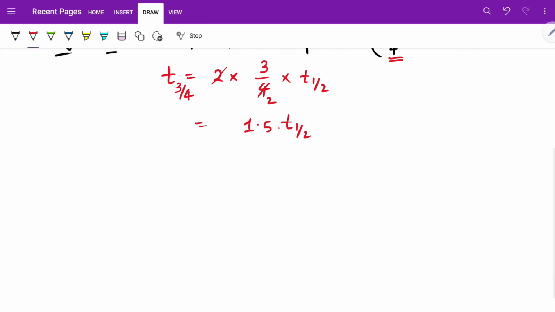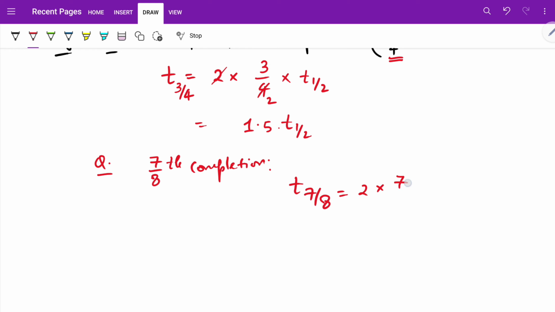Second example, suppose now this fraction is quite simple, but suppose you have to calculate time required for 7/8 completion. So we can again apply this method. What is the trick? So for T 7/8, this will be equal to 2 into the fraction 7/8 multiplied by T half.